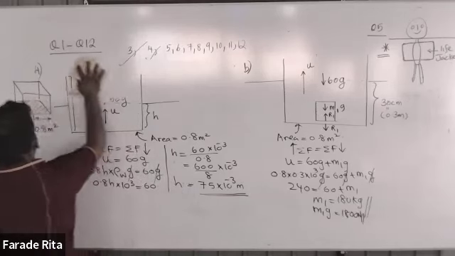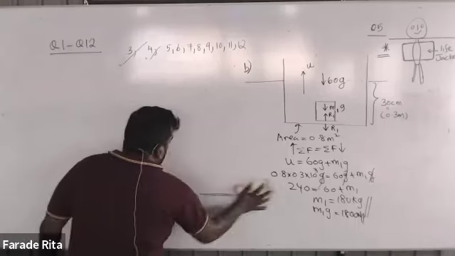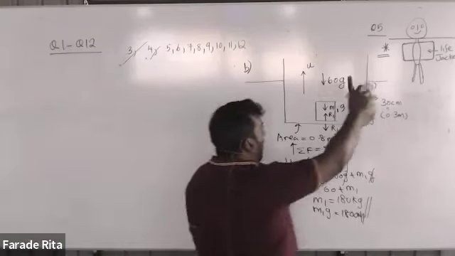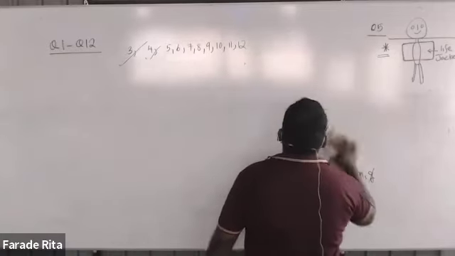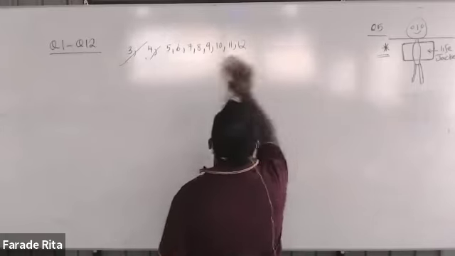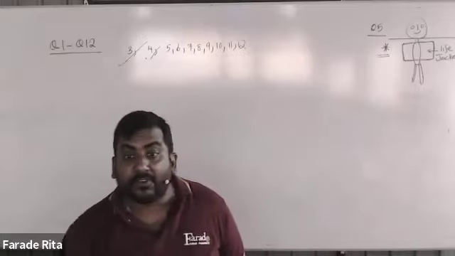Right. Now, who is touching water here? The man is touching water. What else? The life jacket is touching water. Man and life jacket both are touching water. That means upthrust is acting on both the man and the life jacket.